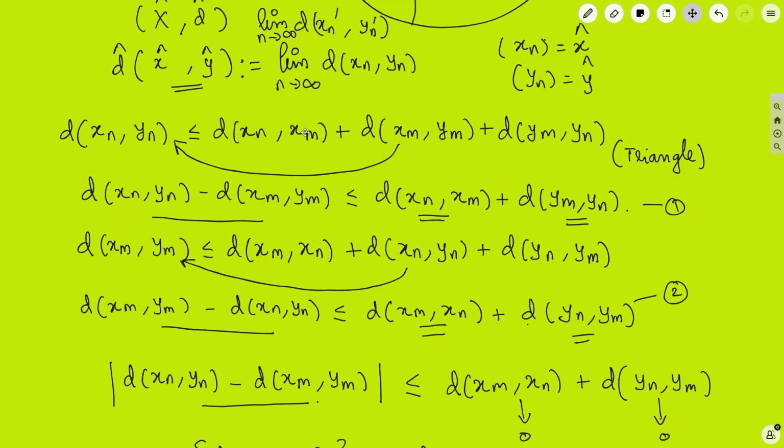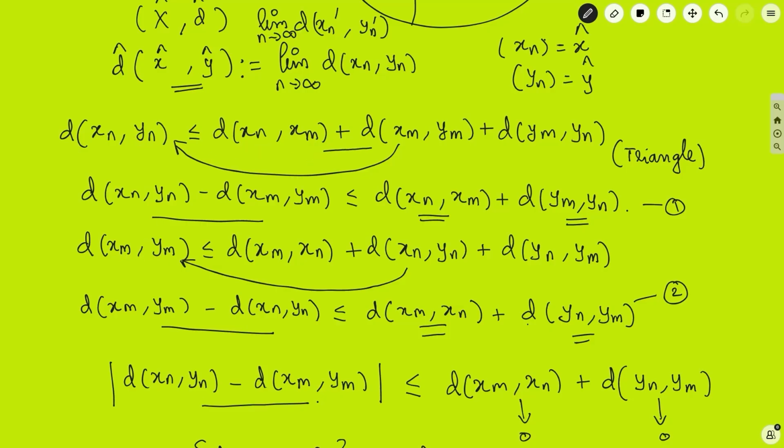But instead of introducing xm, I can actually introduce xn prime, and here xn prime, here yn prime, here yn prime, right? So with the same triangle inequality, instead of writing xm and ym, I can just introduce xn prime and yn prime, and the inequality holds here, right?